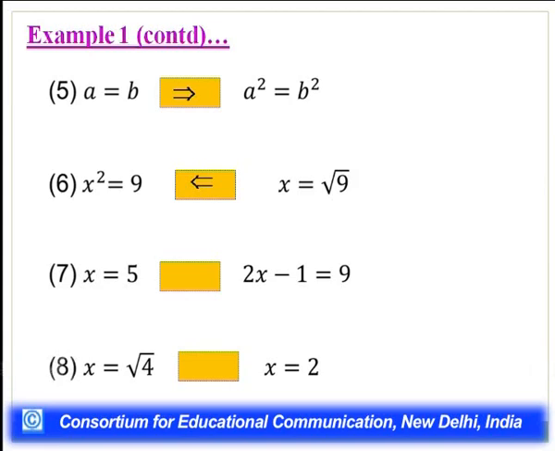In the next case, we have X equal to 5 as the left side proposition, and the right side proposition is 2X minus 1 is equal to 9. Now, if we solve this equation, we get X is equal to 5. So that is the same expression that we have on the left side, which is to say that the two propositions are equivalent.